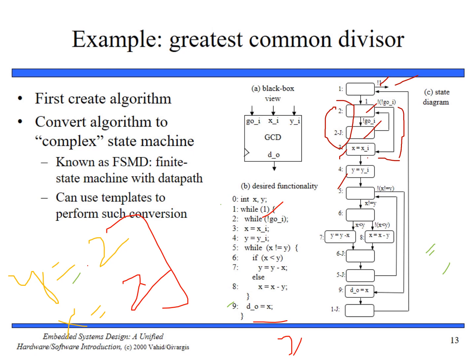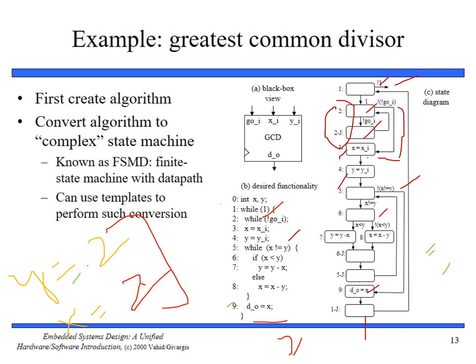Clear? Now, after assigning the values, we can check that there is a while on x not equal to y. So this is a condition on line 5. If x is not equal to y, it will come down. Otherwise, if x is equal to y, it will come here straight away.